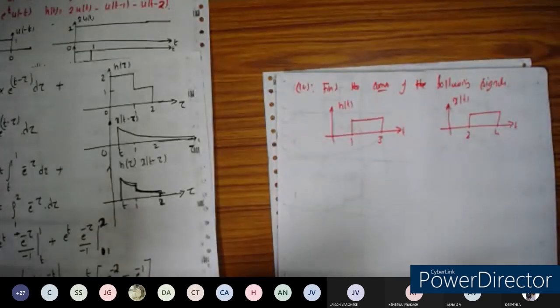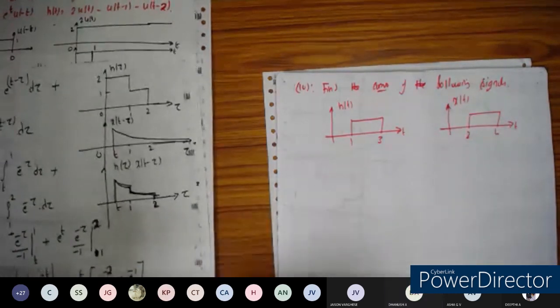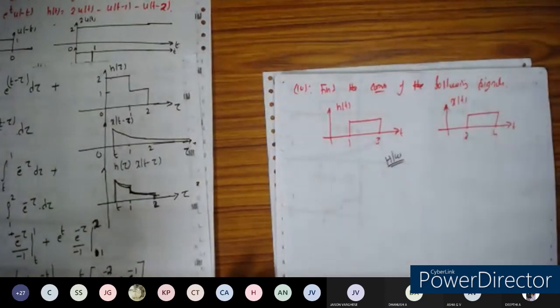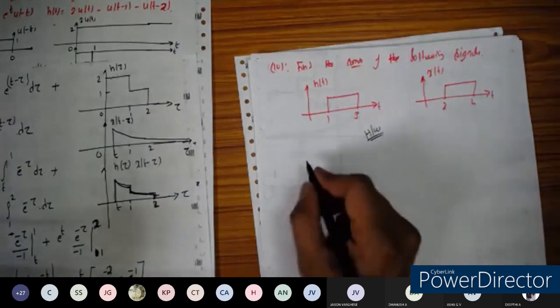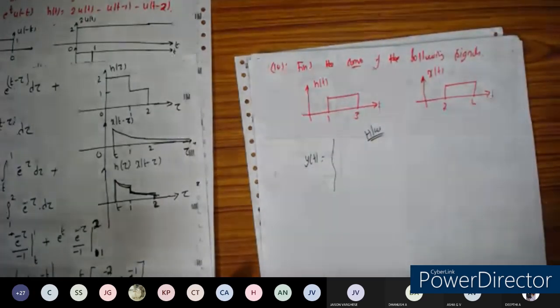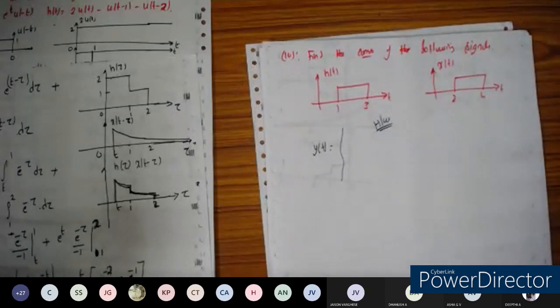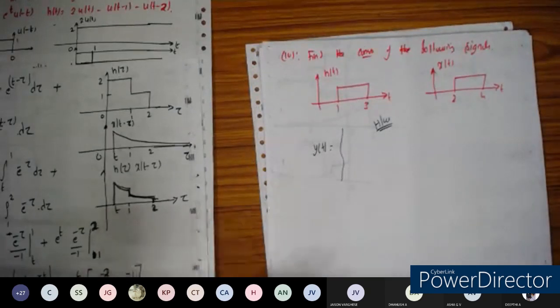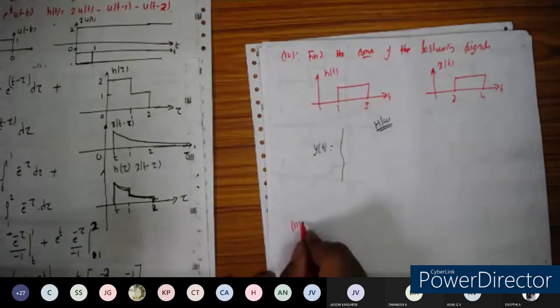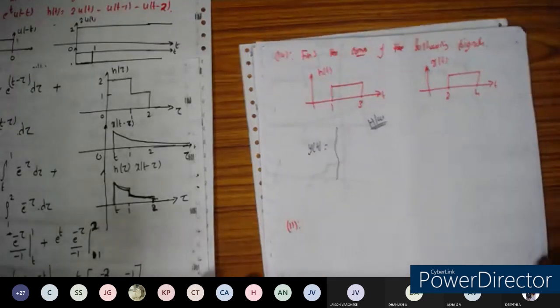Yes, sir. Okay, in the next class, you tell me the value of y of t, and what the different possible cases of y of t will be. Every problem is a similar kind of problem, so it is better to practice as homework so that I can cover more problems.